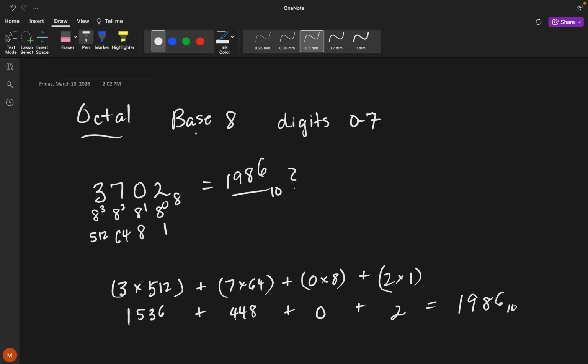Okay, and as I said, all of our number systems work the same way according to the same pattern. Use the base, start with the exponent 0 and go up to the left, and do your expansion, multiplying each digit by the place value that it's in, and adding up the products.